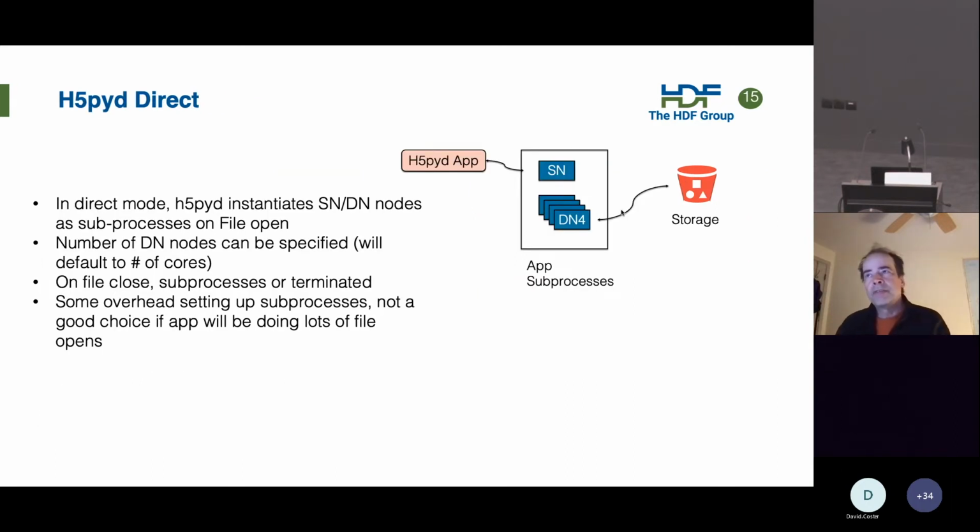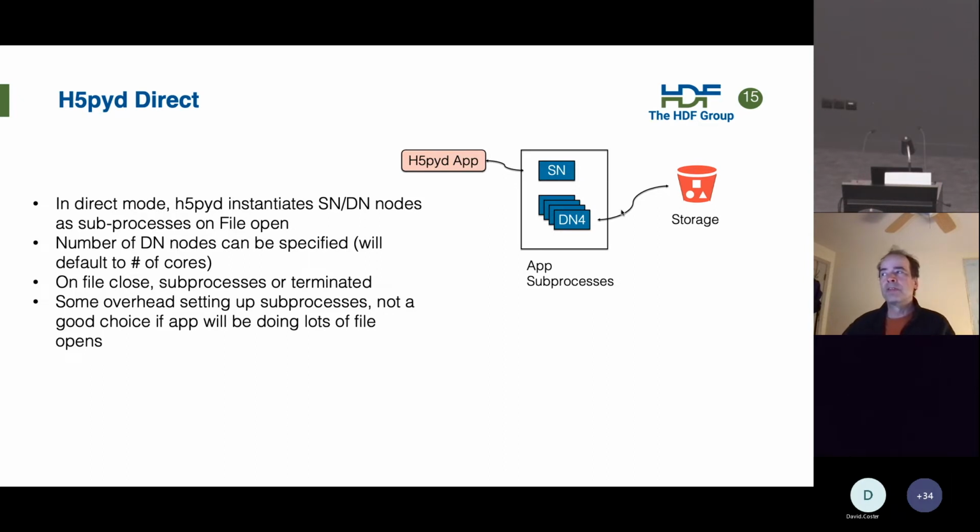And then finally, we have H5PyD Direct. H5PyD Direct is another way to run serverless, but here we have H5PyD invoking subprocesses on a machine where the application is running. So when you do a file open, H5PyD will create these SN and DN not as containers, but as subprocesses, and they communicate using Unix sockets.